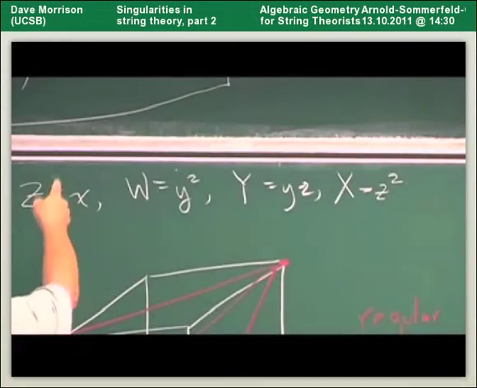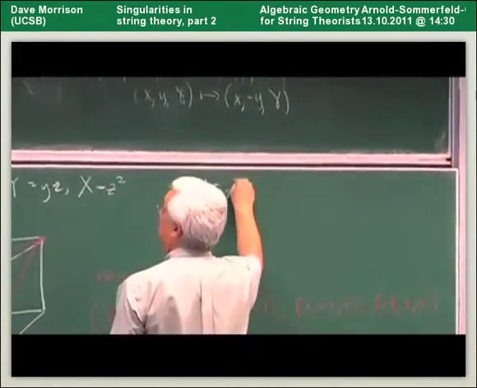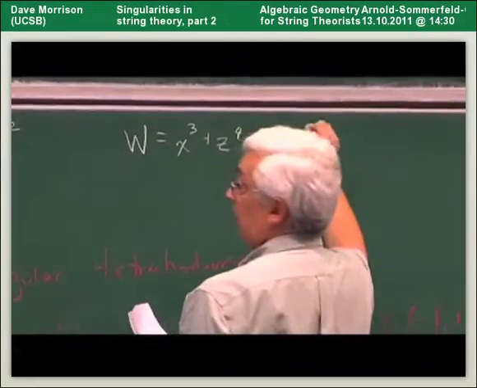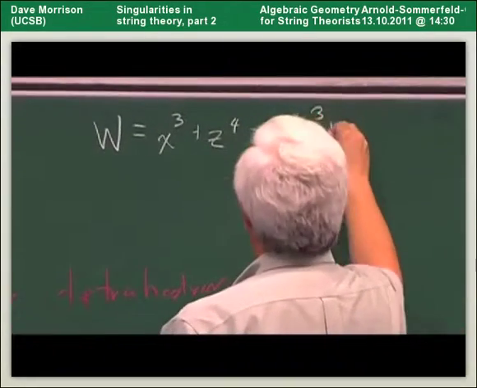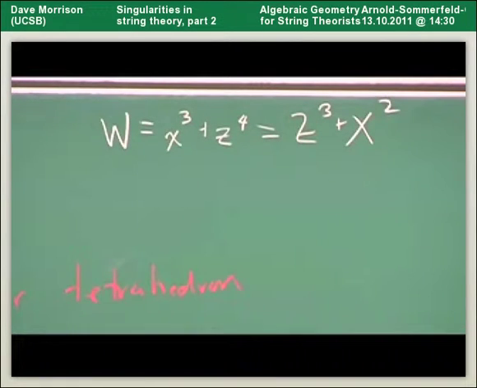I already know that y squared, that's W, can be written in terms of other things. W is x cubed plus z to the fourth. Those are lowercase. This is capital Z cubed plus capital X squared, so I don't really need the capital W in my invariance.